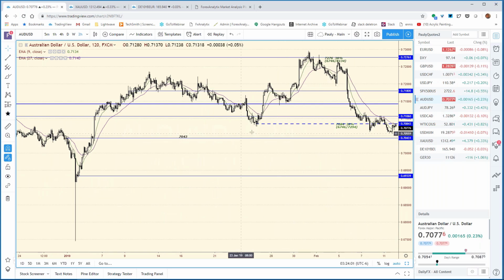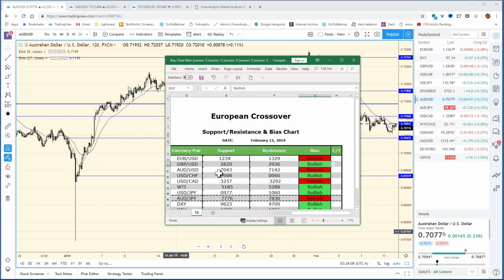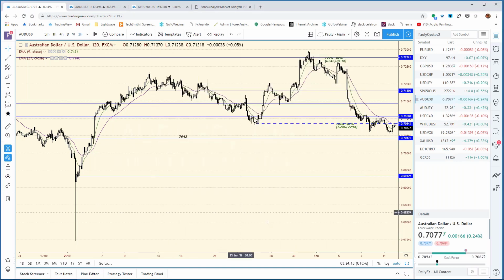Well, it's going to be 70.43 right there until things change. 70.43, and I think we may have already had that from our Asian analysis as we started out the week. We haven't had a whole lot of change here.